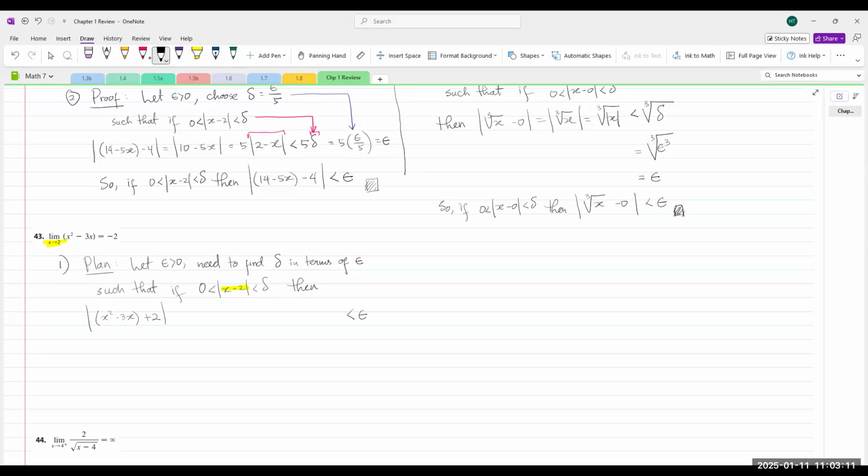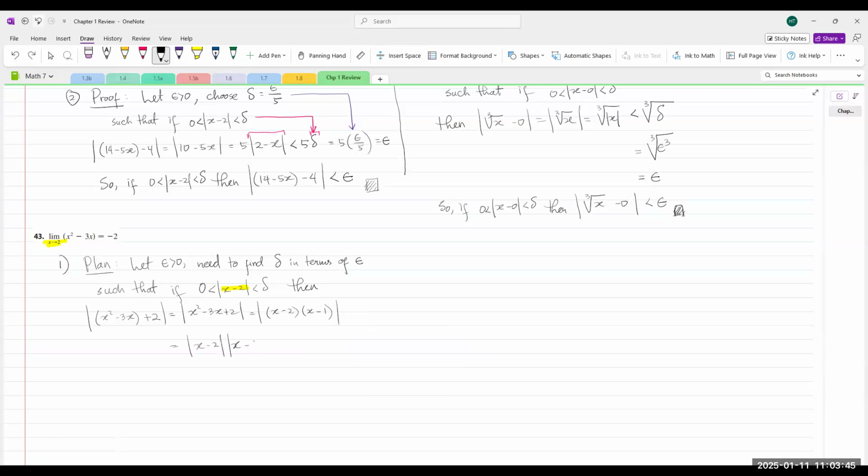Okay, let's work this out. I definitely need larger space. So this is equal to the absolute value of x squared minus 3x plus 2. That is the absolute value of x minus 2 times x minus 1, which is the absolute value of x minus 2 times the absolute value of x minus 1.